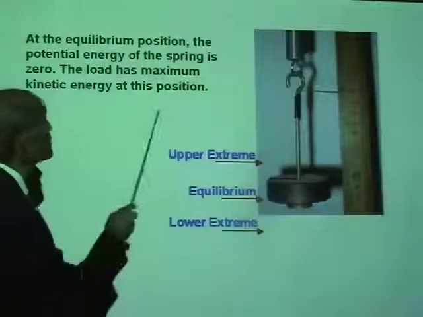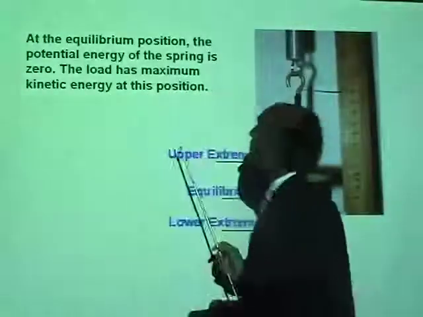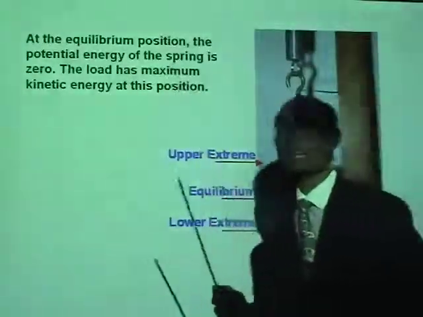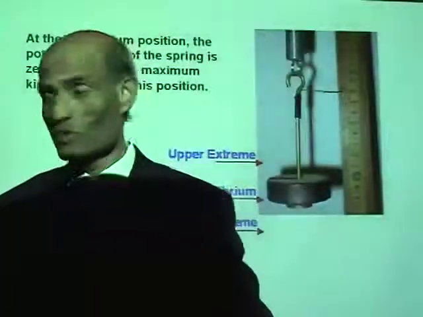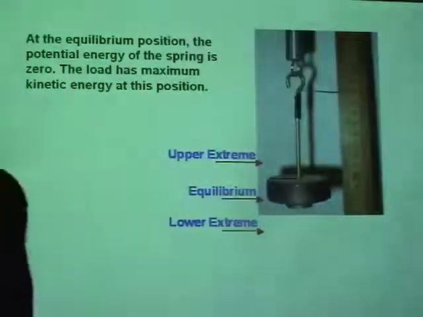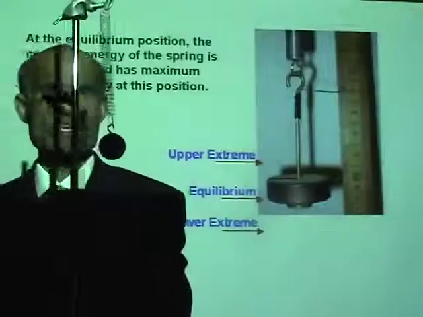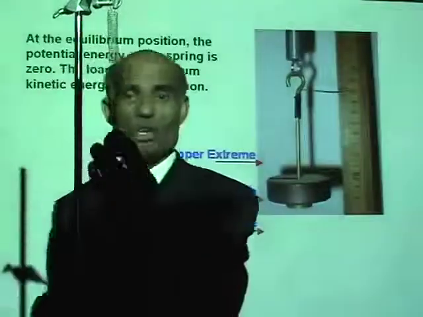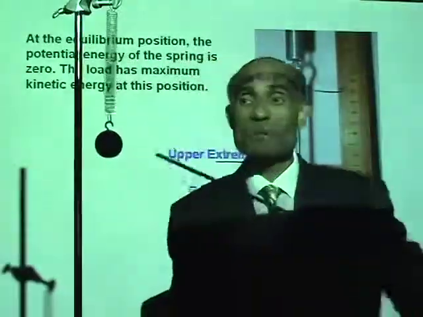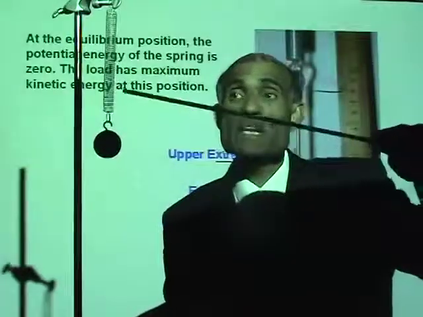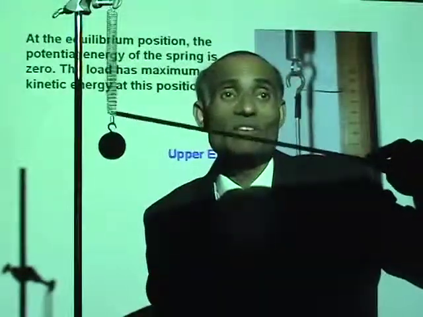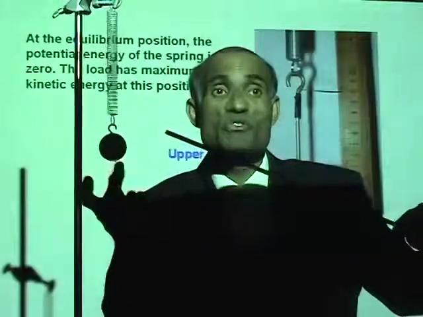Alright, at the equilibrium position, the potential energy of the spring is 0. Do you understand that? At the equilibrium position, the spring is at its natural length. The potential energy is 0.